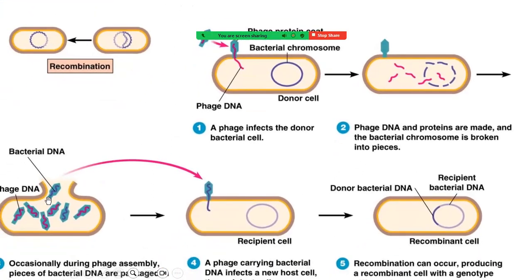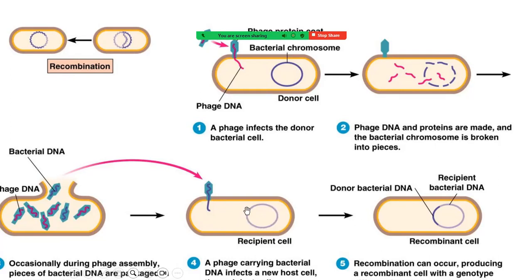Now, when this virus infects this cell, it will not replicate the viral genome into this cell. It will put the DNA, or piece of DNA, from the chromosome of this cell into it. And if this DNA recombines with the chromosome, then the chromosome will get a piece of DNA from this cell that can bring new DNA into this cell.